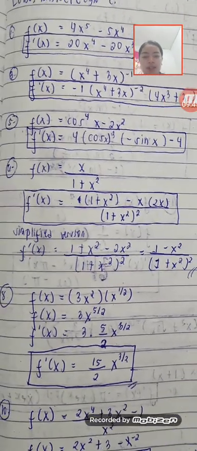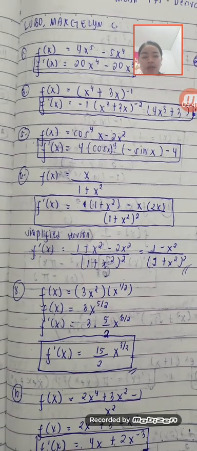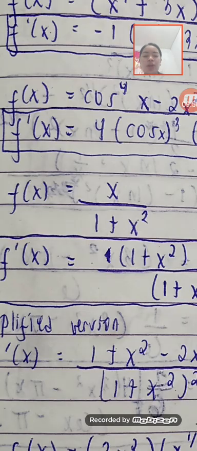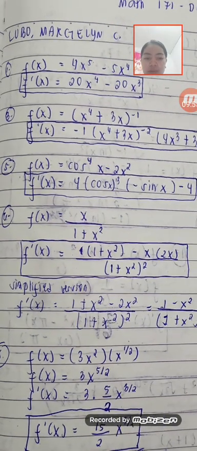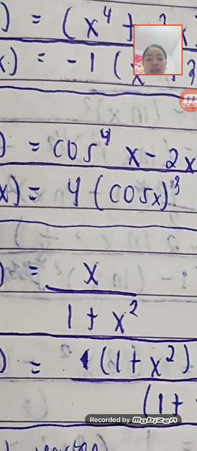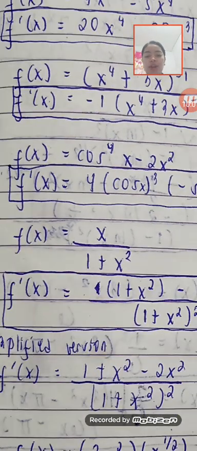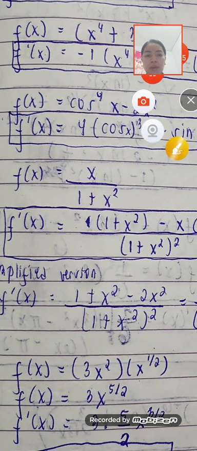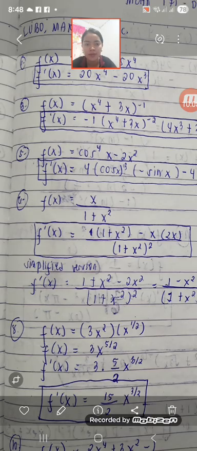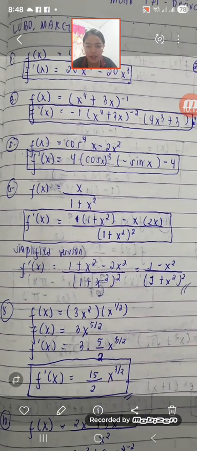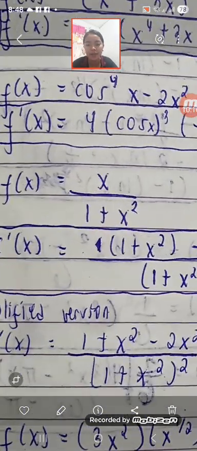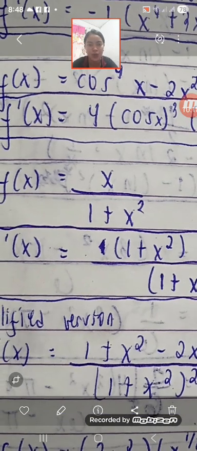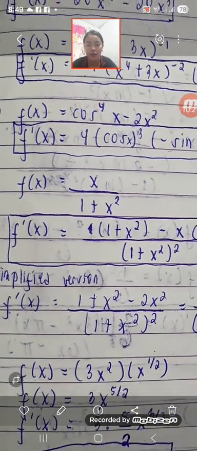Number 6, item number 6, we have here f of x is equal to x over 1 plus x squared. So in this item, we just need to use the what? The quotient rule. Very good. So in using the quotient rule, we just need to use the formula of the quotient rule.